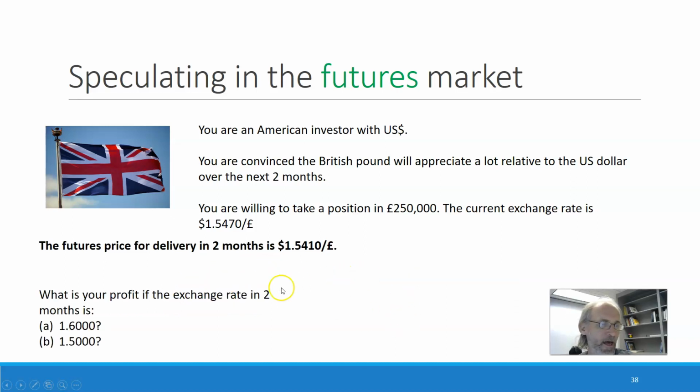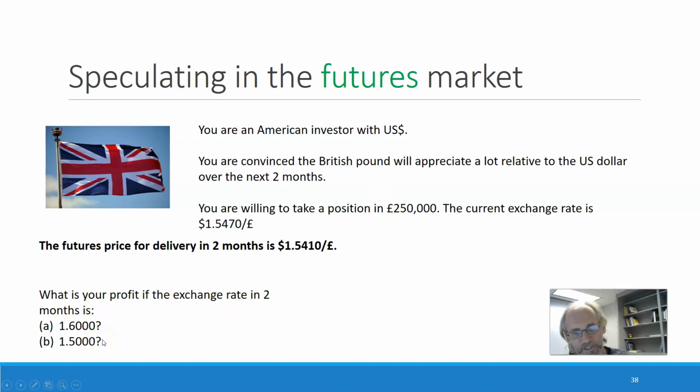So since you want to profit from the price moving up, you're taking a long position here. Okay. And then what is your profit if the exchange rate in 2 months is, well, the same thing, $1.60 or $1.50. And now I've got here the futures price for delivery in 2 months. And then I've got here the exchange rate in 2 months. Technically, to be correct, this should say, what is your profit if the futures price on this contract in 2 months is this, right?